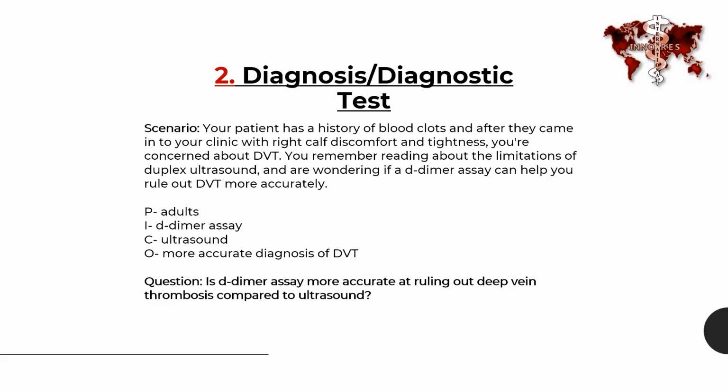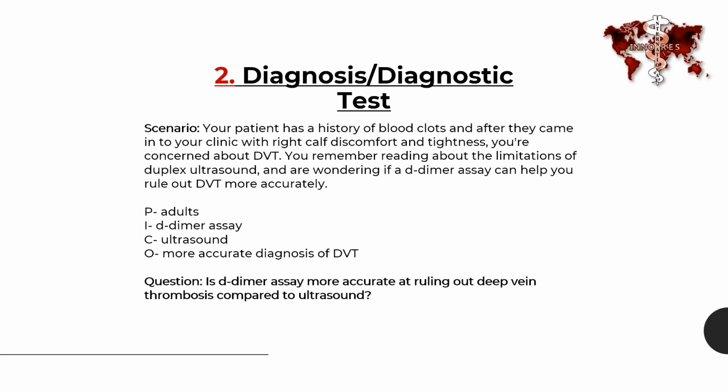So here we are concerned about which diagnostic test is better than the other. The intervention will be the D-dimer assay, the comparison will be the ultrasound, and our outcome will be the accuracy in diagnosis of DVT, and the patient here is adults, or adults with blood clots, can be like this too.